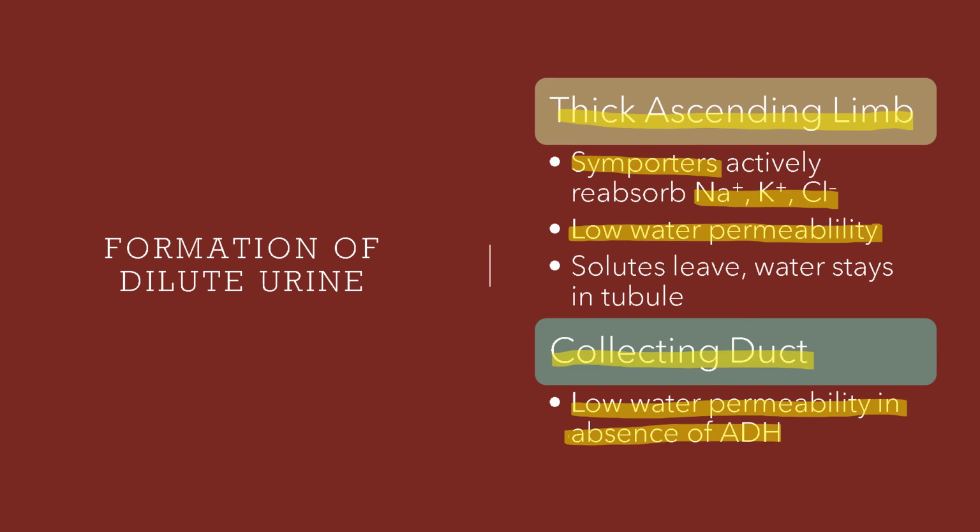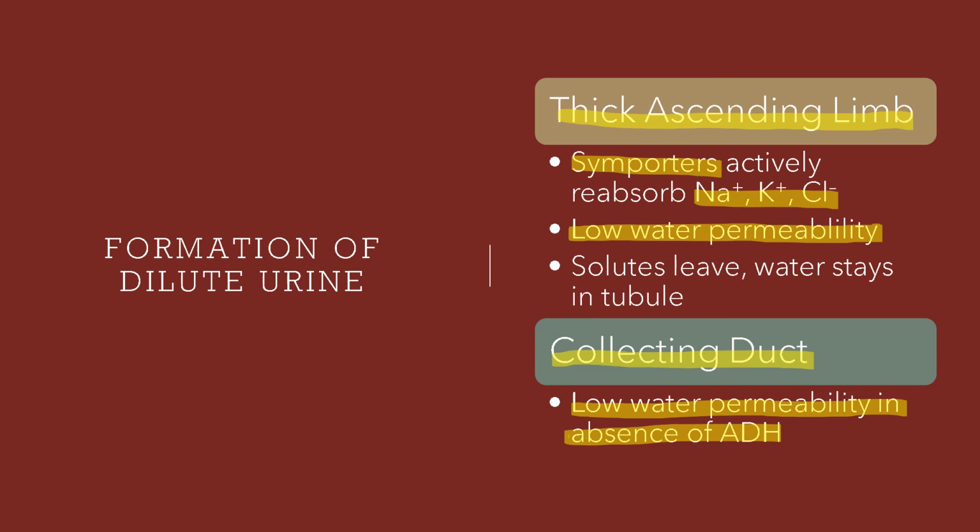In this case, the tubular fluid becomes progressively more dilute as it flows onward. This is because more solutes are continuing to be reabsorbed, but water cannot cross the barrier and leave the tubular fluid to go into the blood. So the water all has to stay, but the solutes are being removed.